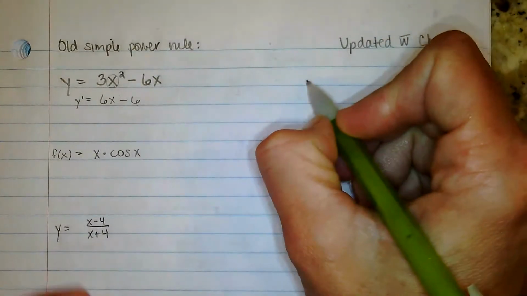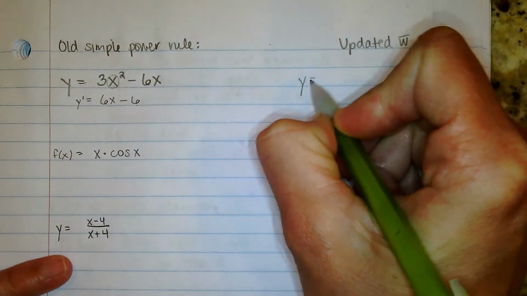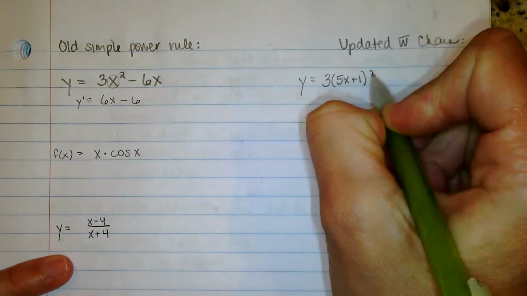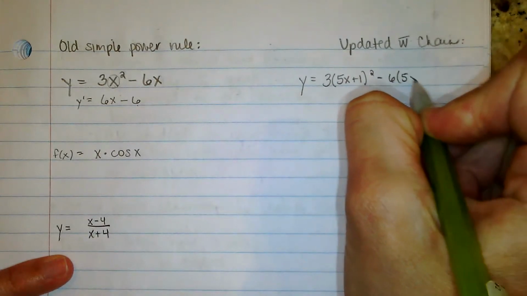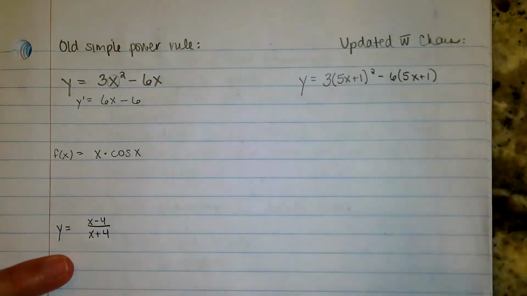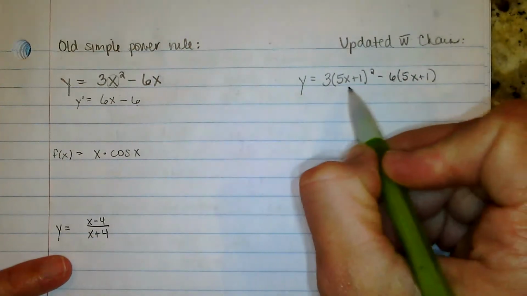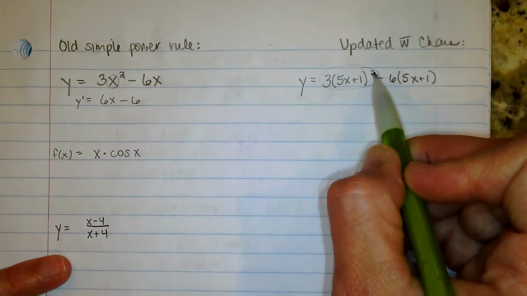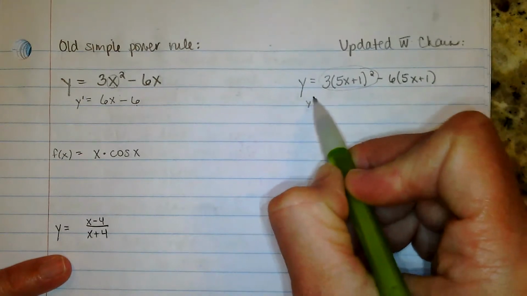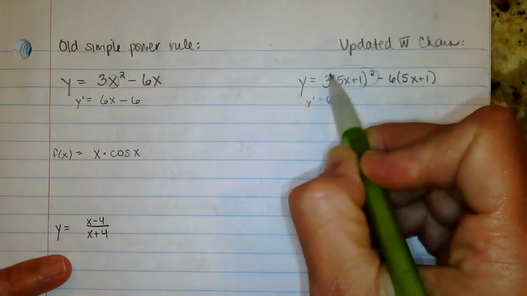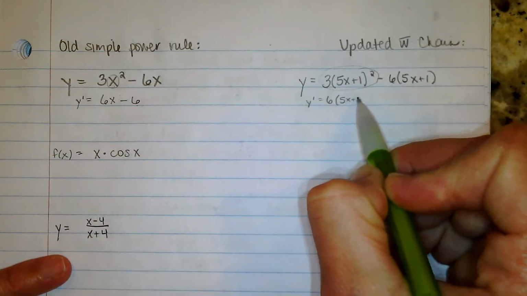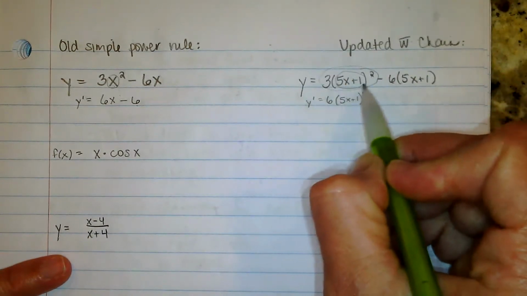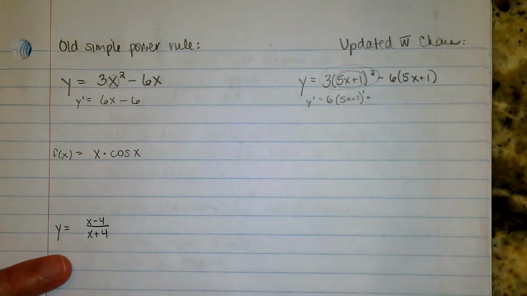But if I put it next to something like this, and now I do the derivative of it, I've still got the power rule at first, so y prime equals 6. When you bring the 2 out in front, leave the 5x plus 1 alone, drop that 2 down to a first power, times the derivative of what's inside, because there's a function within a function.